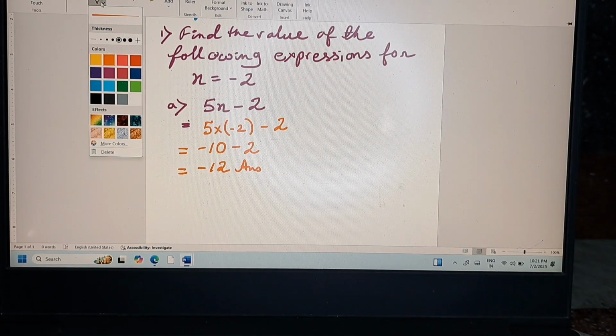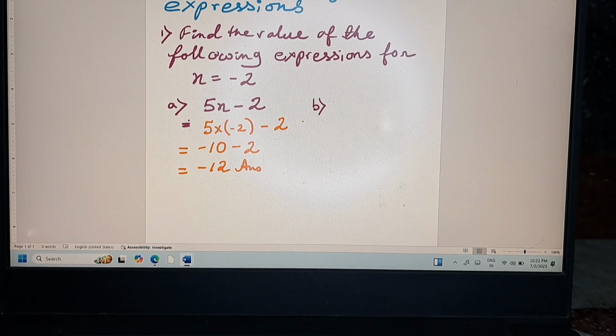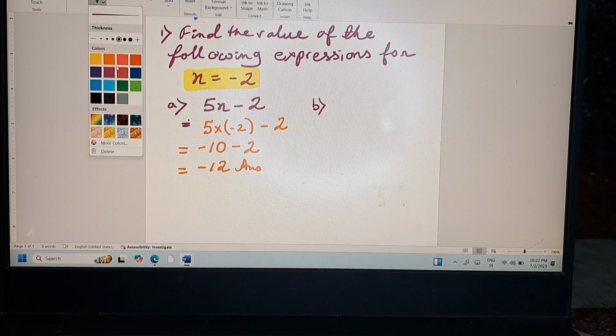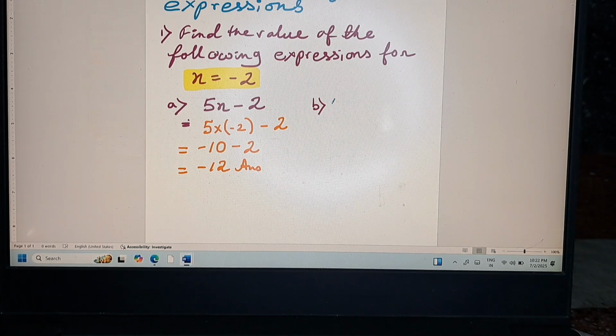Let us take one more example. The value of n, that is minus 2, remains the same. I am just going to change the expression in the next example: 5n square plus 5n minus 2.